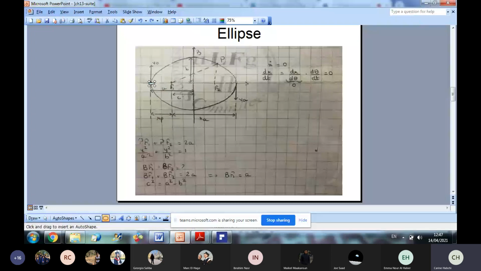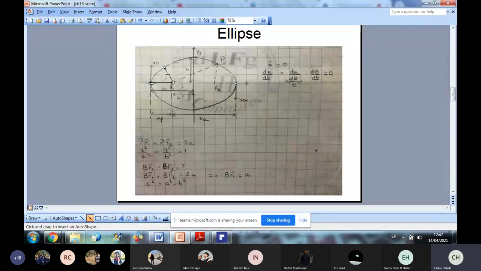Then we can say that to calculate RP, RP corresponds to theta equal to 0 because I am considering this is my reference line. Theta will be the angle between this line and the position vector. So here, this is angle theta.